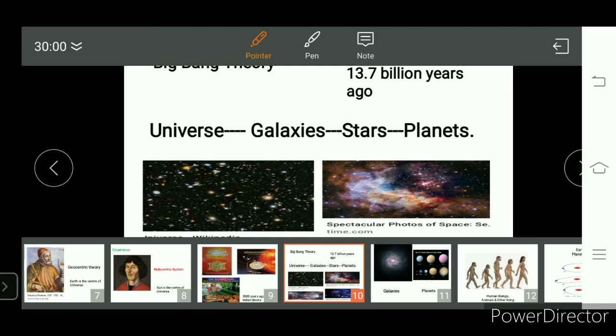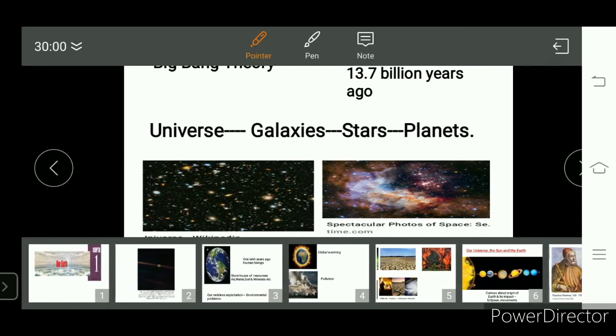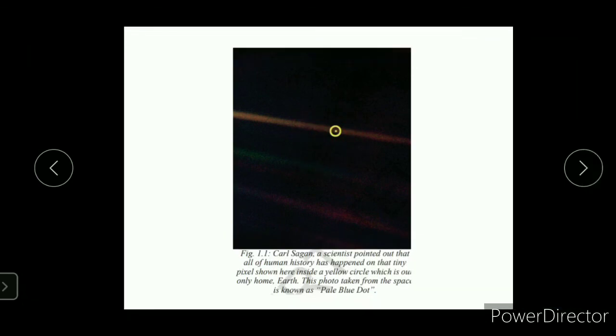And in this large universe, which is infinite, we belong to a very small pixel, that is the Earth, shown here by a scientist, who called it a pale blue dot, right?